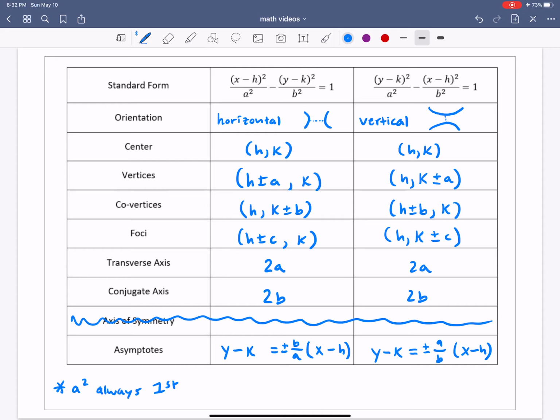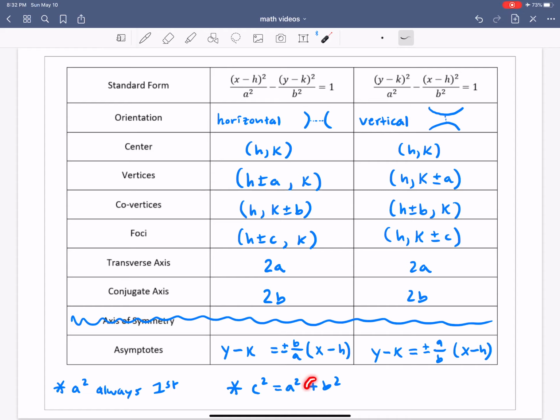Now there's one final thing that I need to tell you before we move on, and that's the relationship between a squared, b squared, and c squared. This is another major difference from the ellipse. For hyperbolas, c squared equals a squared plus b squared.